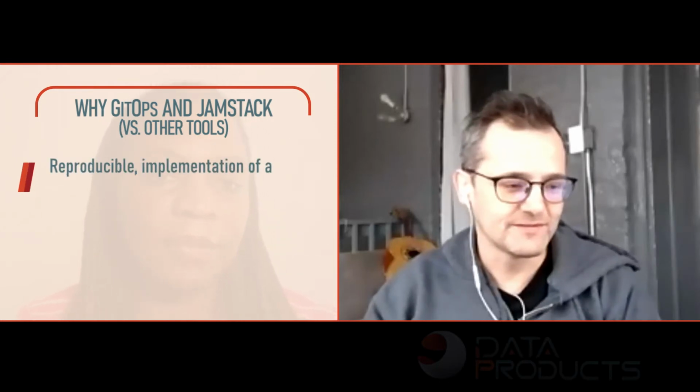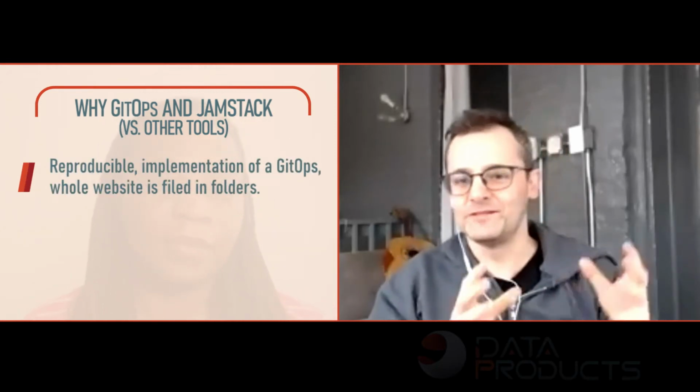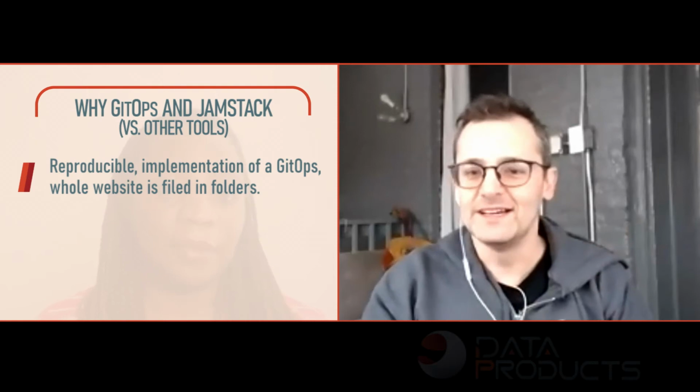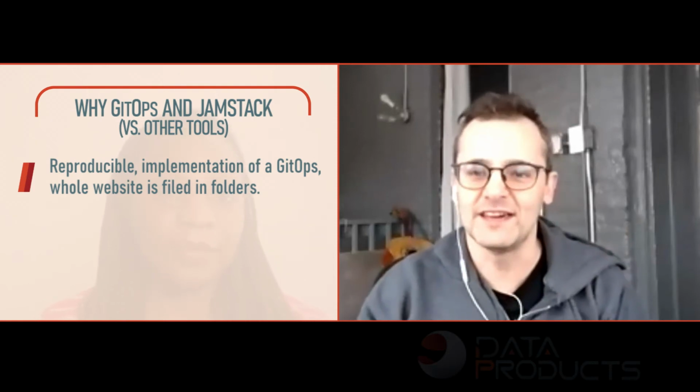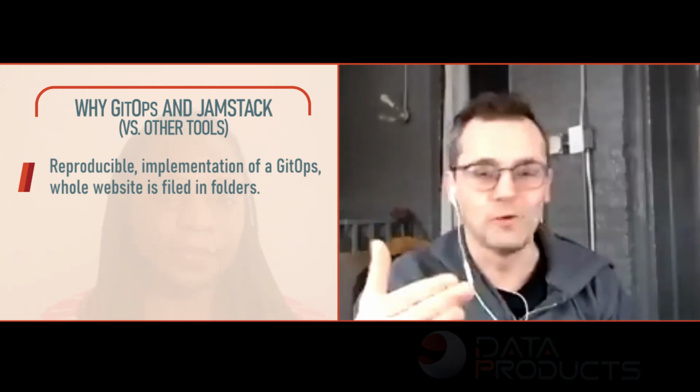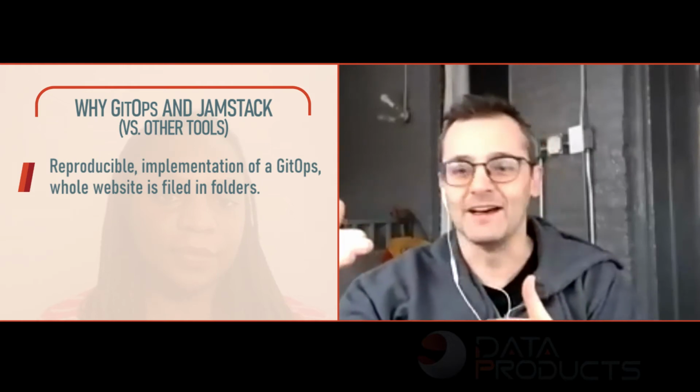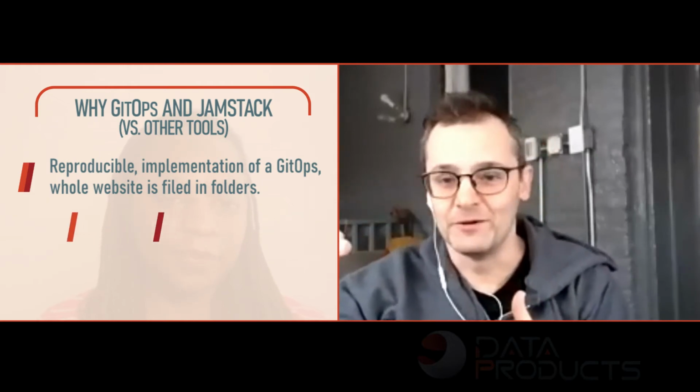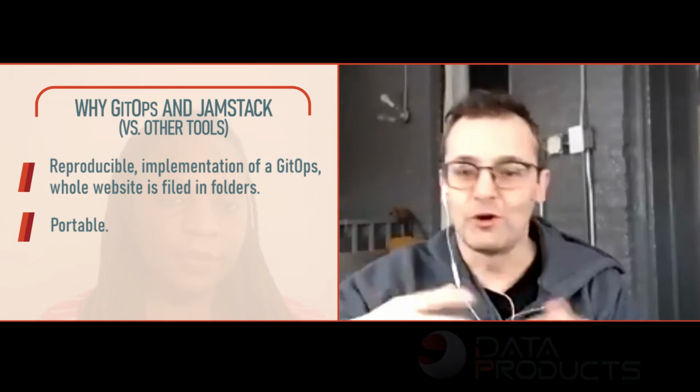Well, let me say that I pull in the Jamstack piece because it has those components: it's reproducible. It's kind of an implementation of GitOps because your whole website is now just files and folders in a Git repo. It's portable.